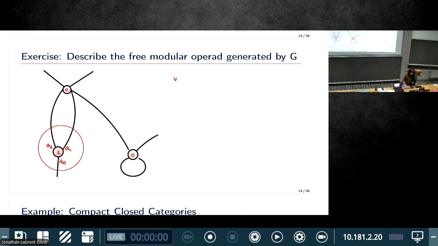So I have some single point, which I'll call V, which lives in the space G of genus 1 with profile A2. And there will be some compositions with whatever happens up here, or contractions.